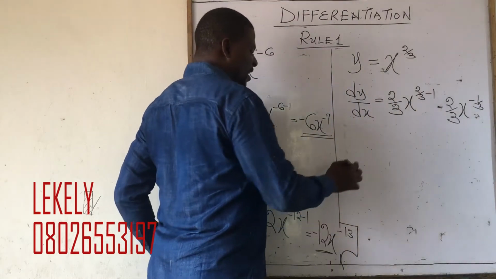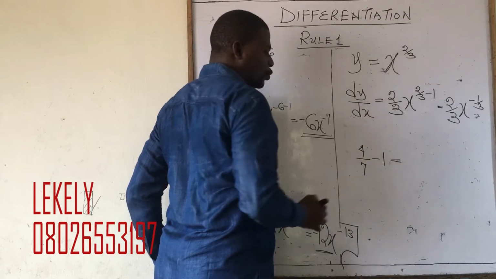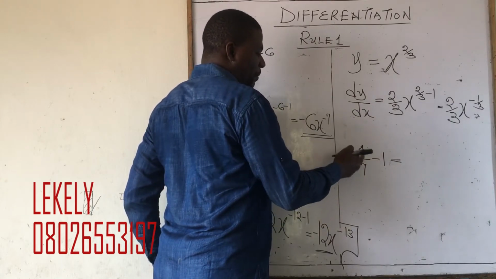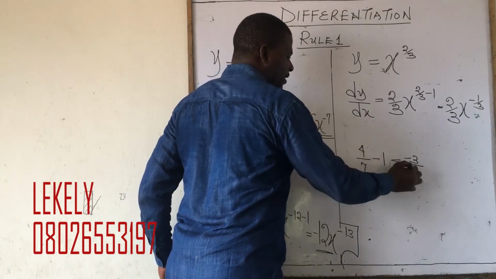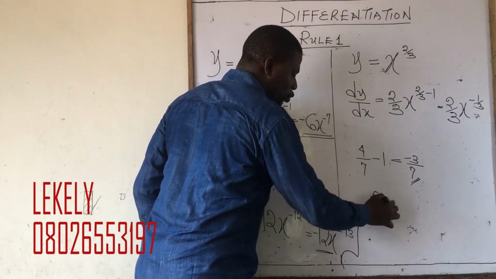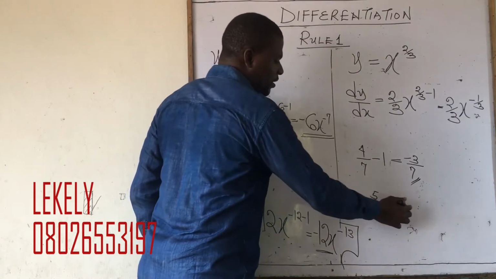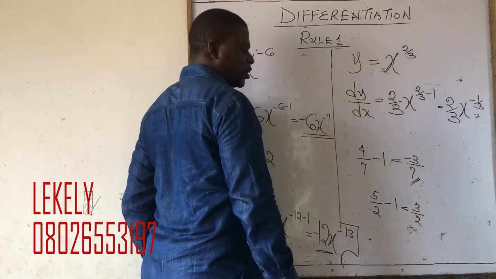Now what I'm saying is this. If I have 4 over 7 minus 1, how do you solve this? Just say 4 minus 7. 4 minus 7 is minus 3 over this 7. That's the answer. If I have 5 over 2 minus 1, for example, I'll just say 5 minus 2, that is 3 over 2. You see that?